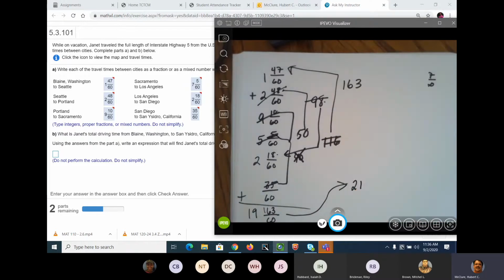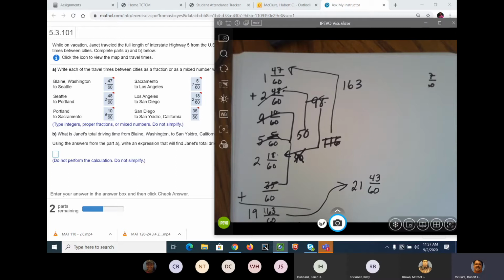So that's 21 hours. And then 120 would be 43 over 60. I just divided 60 into 163. 160 and 60 is 120. So 120 will go into that. That's 2 more hours. And then what's left is 43 over 60.